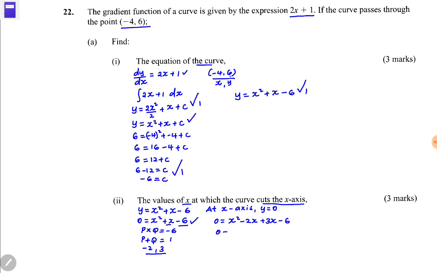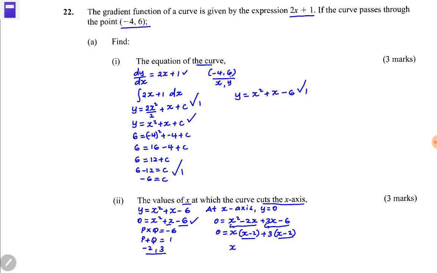So 0 is equal to, comparing the first two terms, x is common. So if we factor x out, we will have x minus 2. Then plus, comparing the other two terms, 3 is common. So we will have x minus 2. Now these two factors are the same.